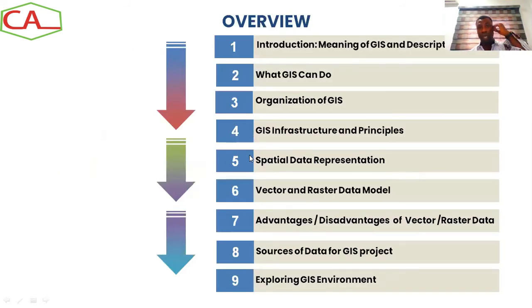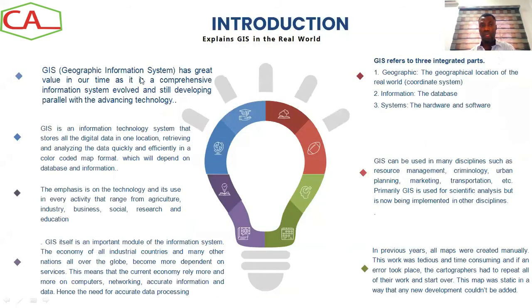Then running through that, we'll look at what is GIS, what can it do for us, what is the organization of GIS, then what are GIS infrastructures and the principles. We'll look at the spatial data representation, the vector and the raster data model, the advantages and disadvantages, the sources of our data, and we'll try to maybe explore some GIS environment and see how it goes.